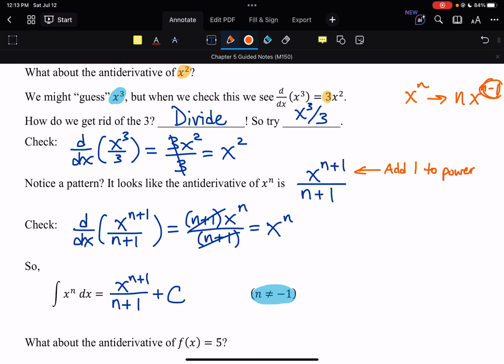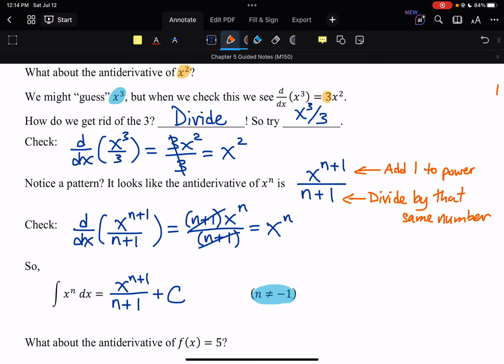Instead of subtracting 1, we add 1. And instead of multiplying by that number, we are dividing by that same number. So that's how we approach the integral of a power function.